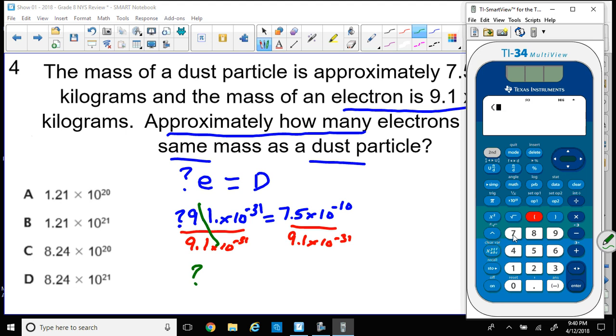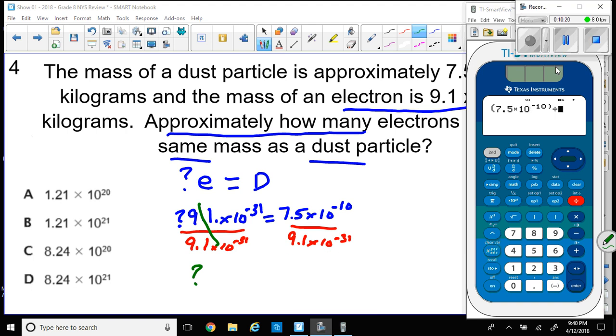So 7.5 times 10 to the negative 10 power, divide that by, and hopefully I did not go too far.